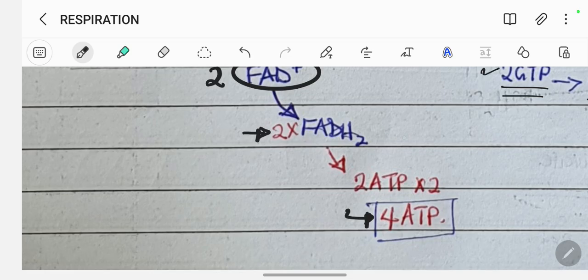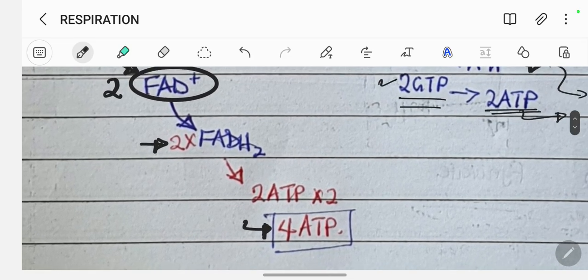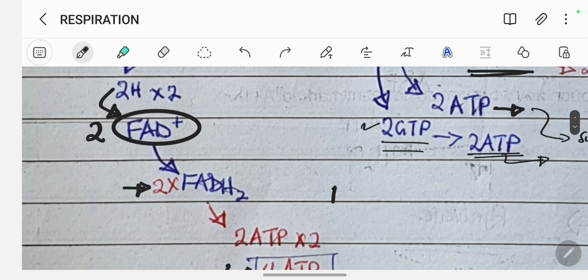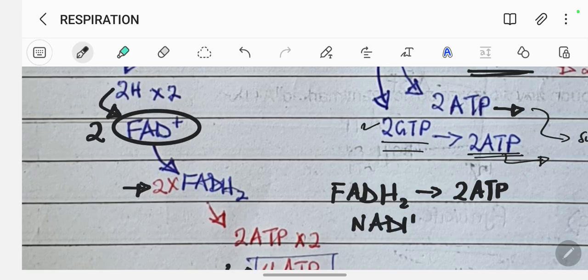Why? Just keep this in mind that for every FAD molecule, we produce 2 ATP. And for every NAD, we produce 3 ATP, like that.